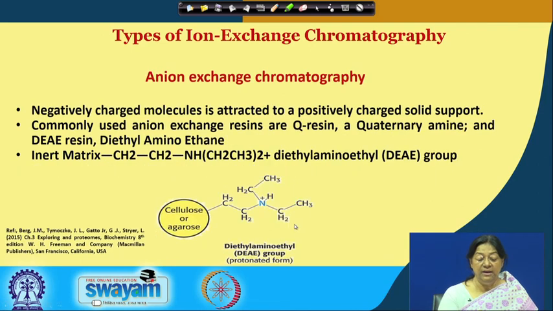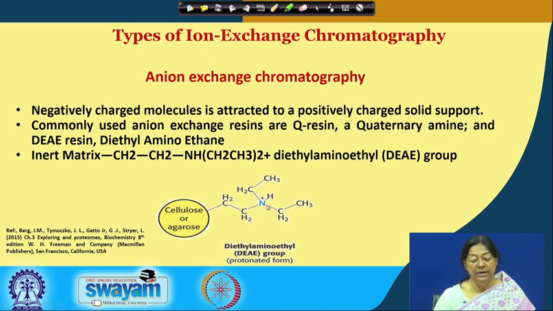On the other hand, if we have negatively charged molecules, the proteins are going to be attracted to a positively charged support. This DEAE cellulose, as it is called, has a positively charged group, as you can see here, a protonated form.